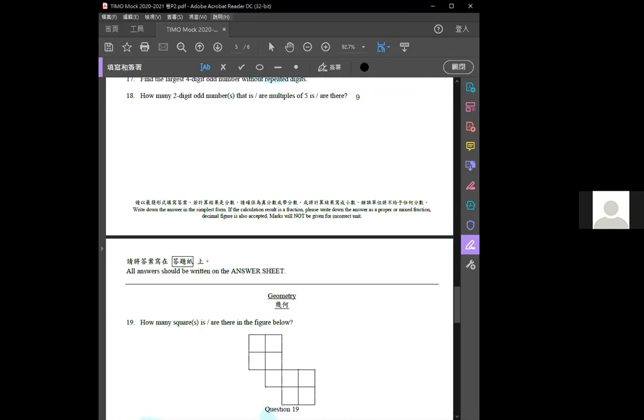It's not an odd number, it is an even number. So any number ending with 5 is odd, and as long as it's 2-digit, it will satisfy the requirement. So for 2-digit, it will be like 15, 25, and so on, from 1 to 9. So there are 9 two-digit odd numbers that are multiples of 5.